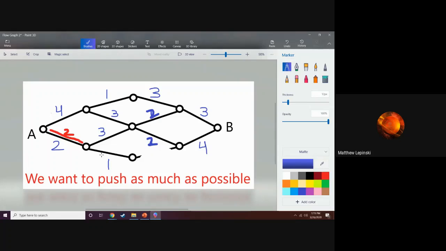So here you worry about running into a dead end or a blockade where you have more stuff going into a node than that node can handle, and that's wasted.